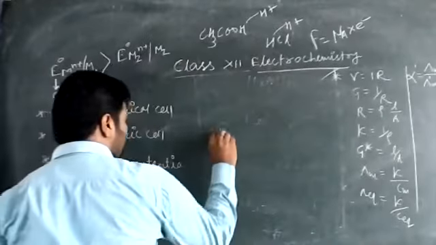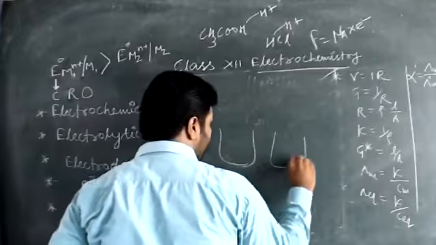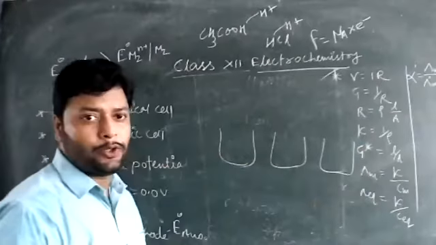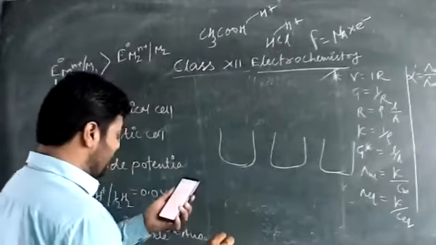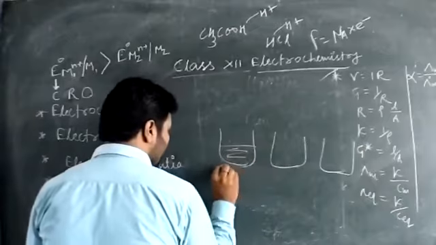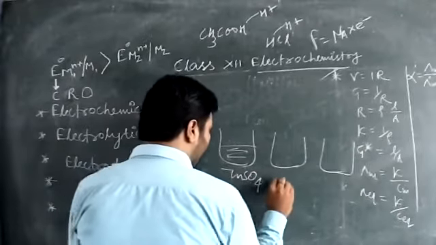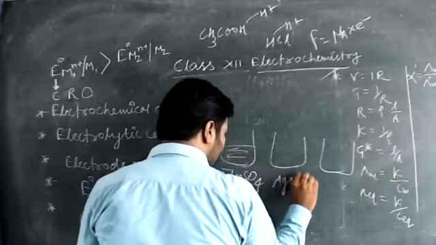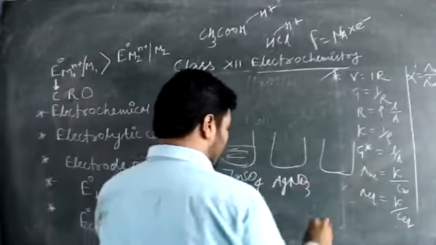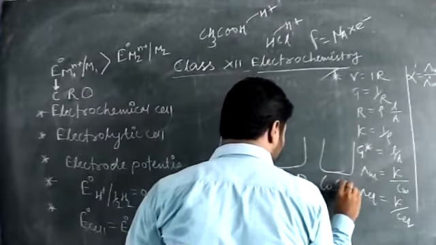We have three electrolytic solutions containing ZnSO4, silver nitrate, and copper sulfate.